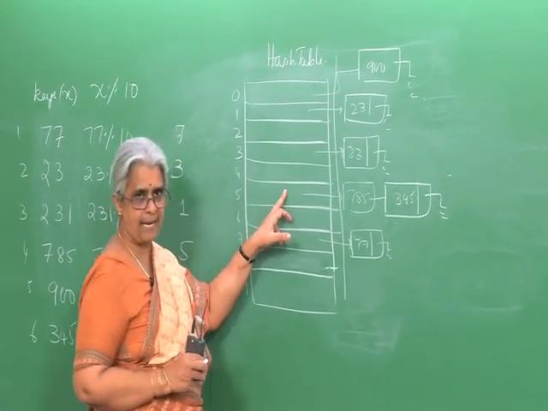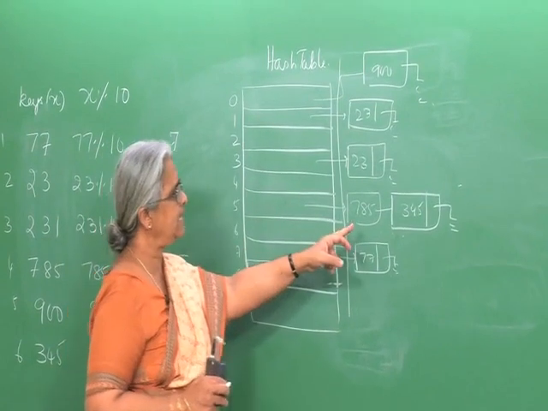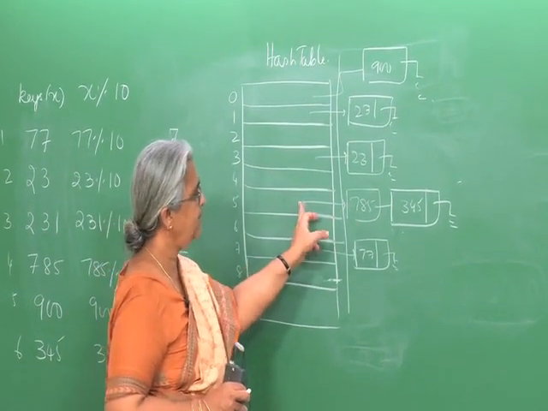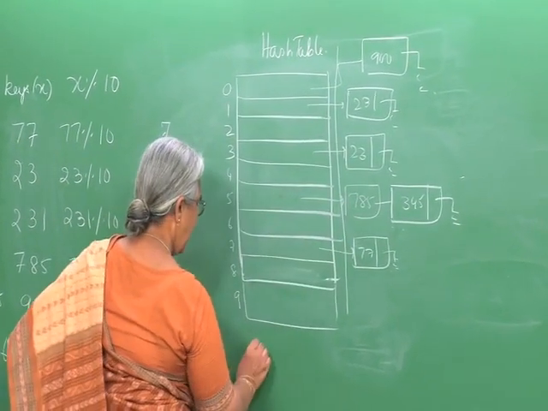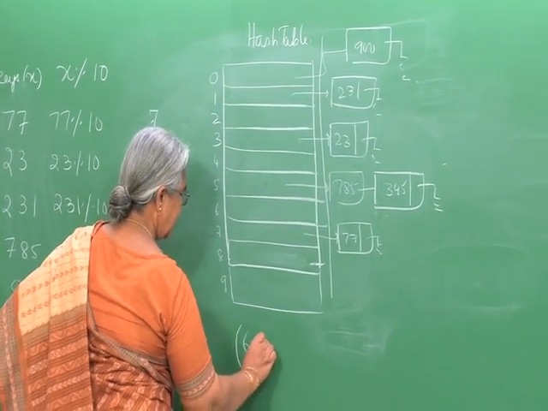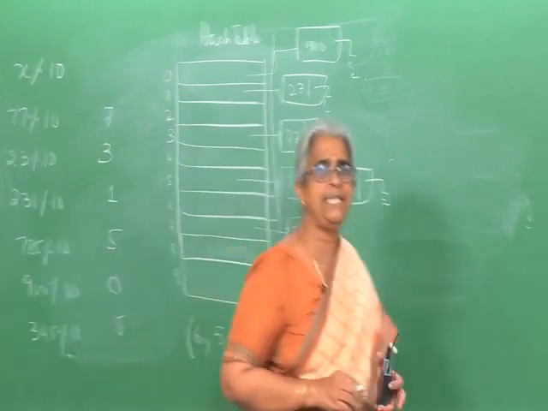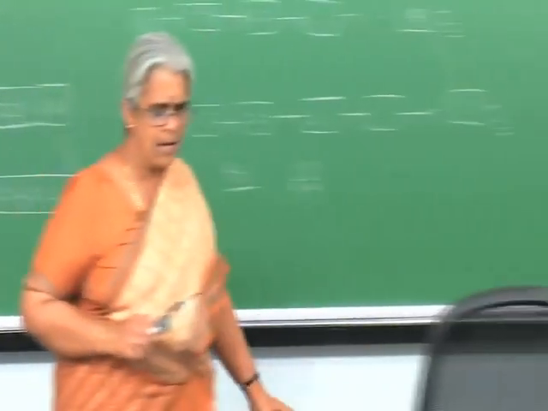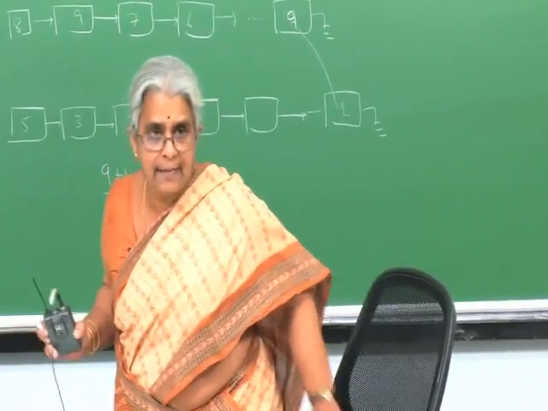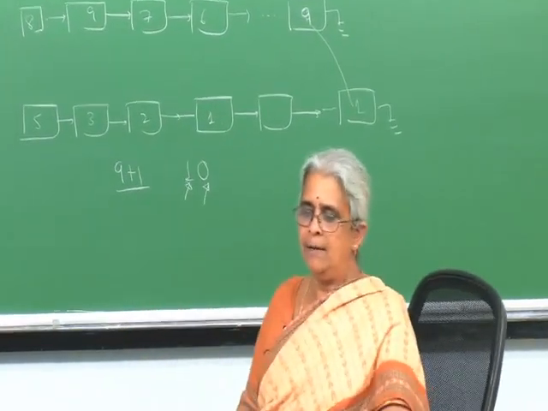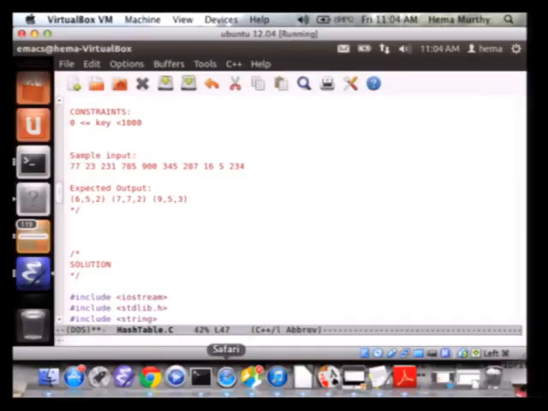The index is 5. And how many elements are there in that particular bucket? There are 2 elements. So you're supposed to report the result like this: 6, 5, comma 2, and that is what is given in the sample output. There are more examples given in the question that has been given to you.